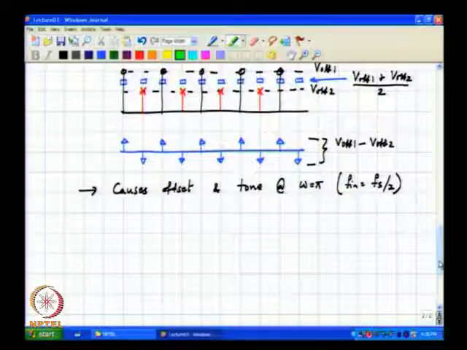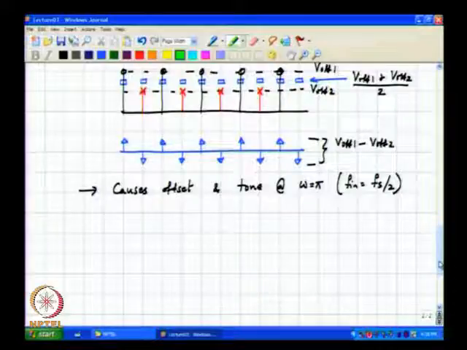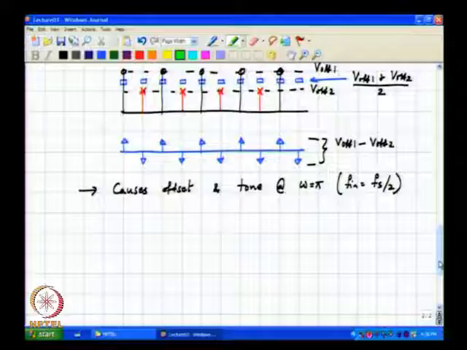All right. Okay. Now let us think what would happen if instead of having a two-way sample and hold, we had a four-way sample and hold. What do you think will happen to offsets? Pi by 2 frequency.